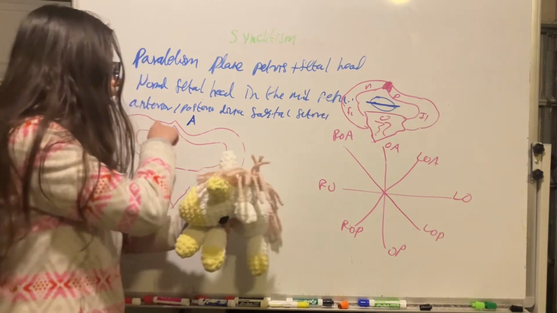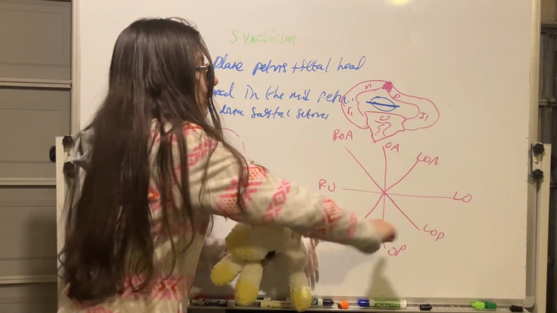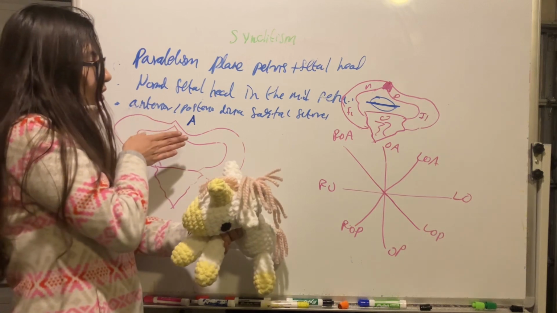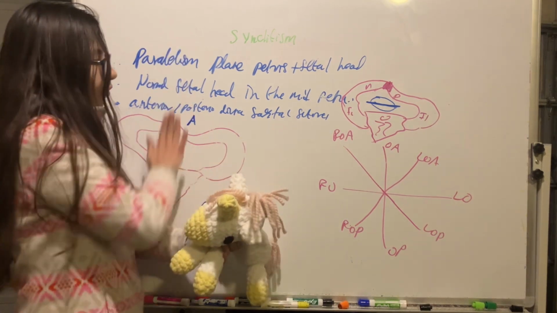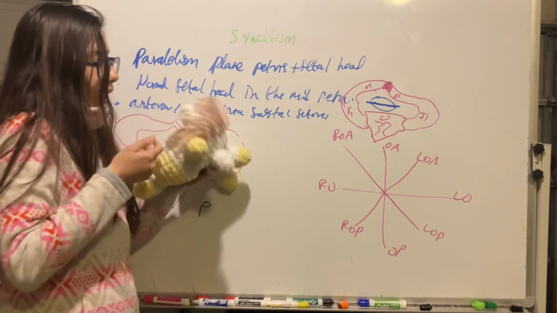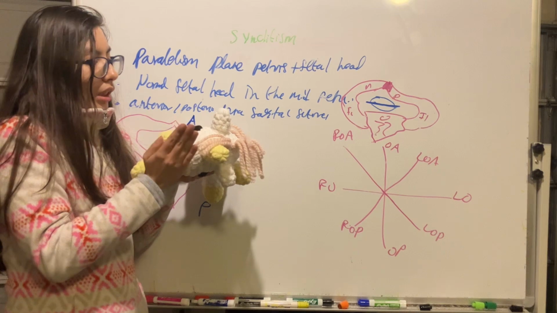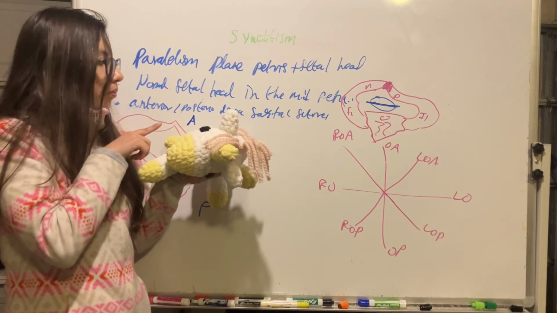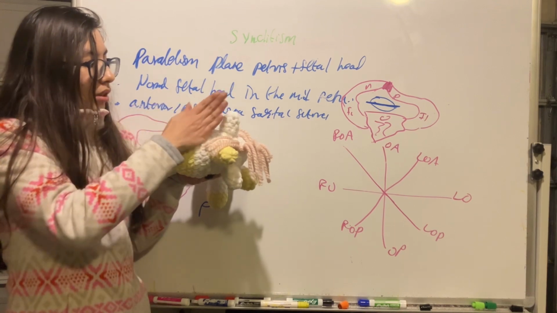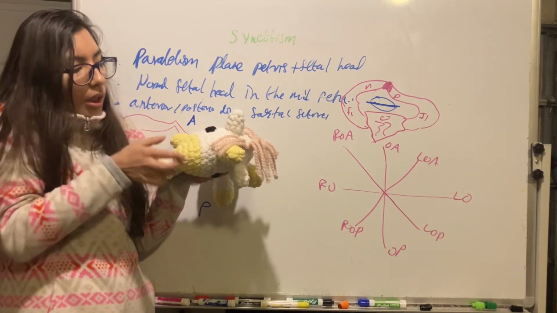So the head is rotating, the variation of position is in this plane, so x and y, for example. But the synclitism is a deviation or a movement of the head in the z plane. So this is x, this is y, and this is z plane.